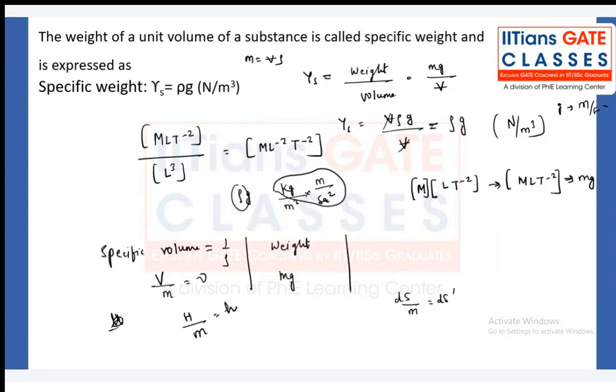So kilogram meter per second square, already you know that it is a unit of what? Newton over meter cube. So what are you going to get? Newton per meter cube. That is the SI unit of specific weight, right? Is that clear?